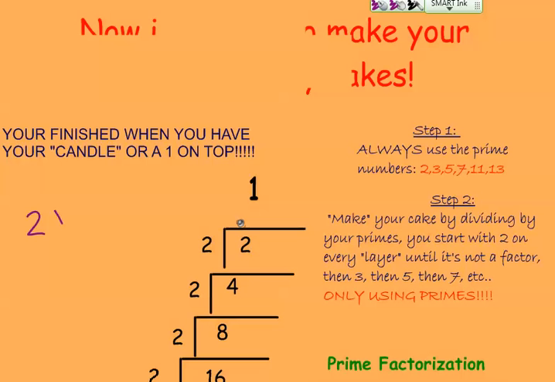So 2 times 2 times 2 times 2. And if you multiply it out, 2 times 2 is 4, times 2 is 8, times 2 is equal to 16. It's the same number I started with, and that's what we'll always get.